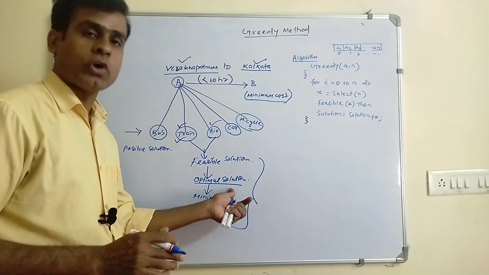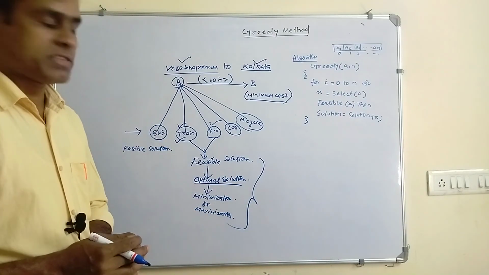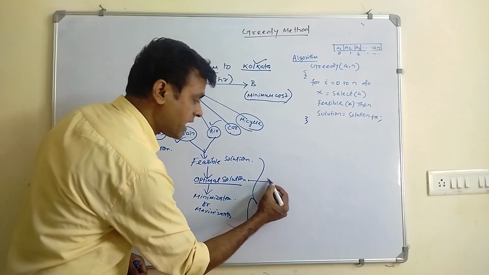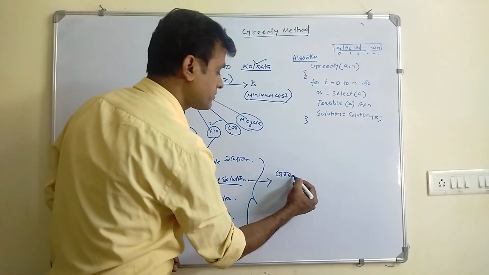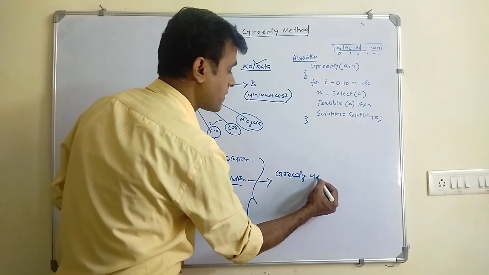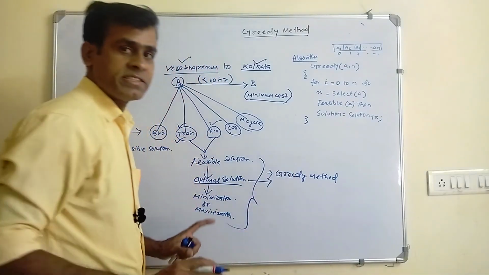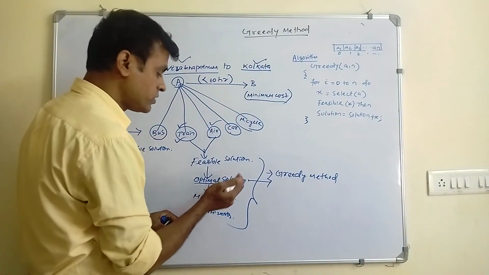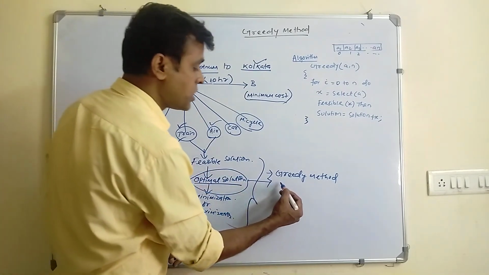And this optimal solution, either a minimization or a maximization problem, can be solved in different ways. There are different strategies to solve this problem. What is the problem? The problem is to get an optimal solution. One is our greedy method.